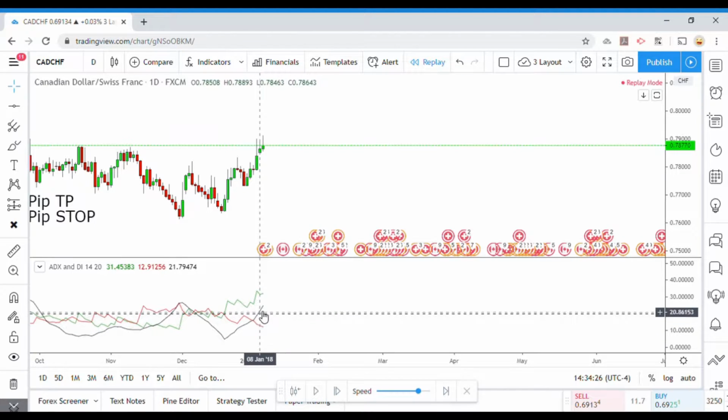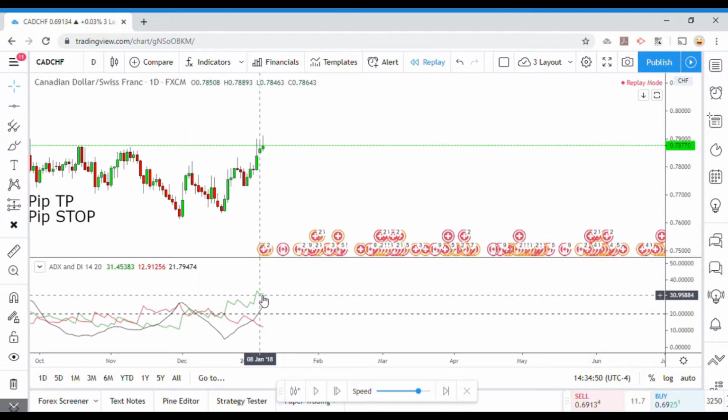So let's start the process. Again, first thing is first, we are looking for this black line to cross above the 20. Once we do that, we are looking at whether the red line or the green line is on top, and that is our signal whether we should be long or short.